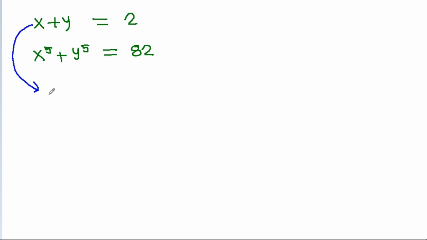And the second method is, we have given x plus y is equal to 2 and x power 5 plus y power 5 is equal to 82. Since x plus y is equal to 2, we can take x is equal to 1 plus m, and y is 1 minus m.